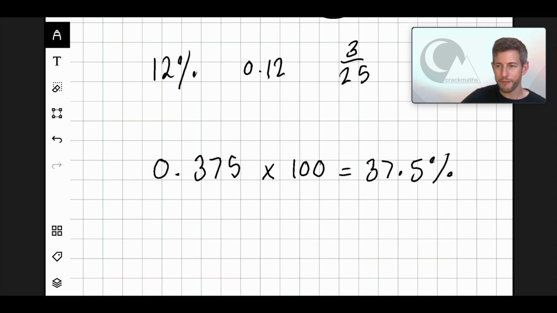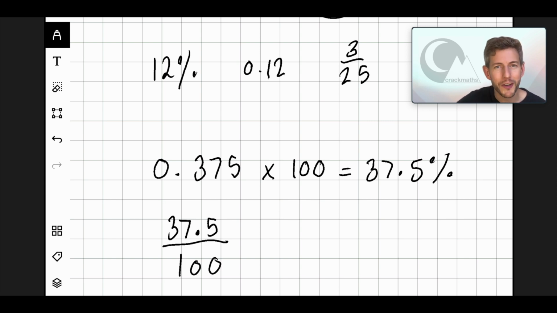So as a fraction, we know that this is 37.5 over 100. However, here we have a problem, because 37.5 over 100 is not a legitimate fraction. We are not allowed to have a decimal in a fraction, because we either have the decimal or we have the fraction. We don't have them both, they're not mixed.